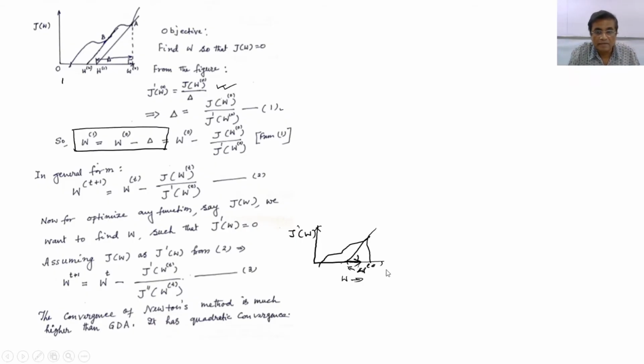So what we are trying to figure out here is the value of w which will make J prime(w) equal to 0, okay. If you can find that, then you are actually optimizing the actual function J(w), isn't it? So that's the concept, and I believe you have got it.